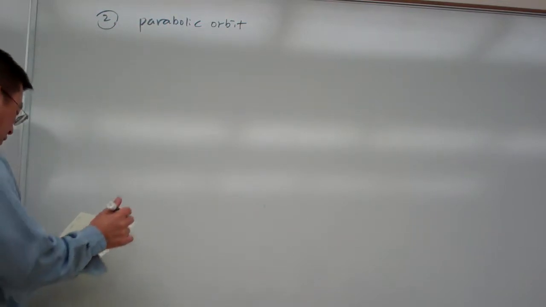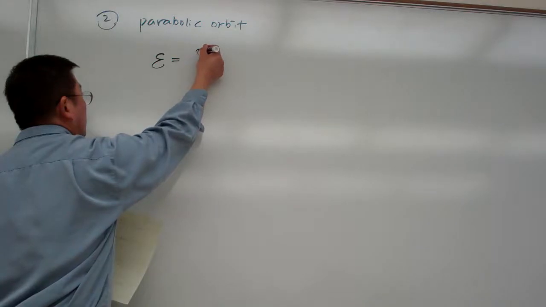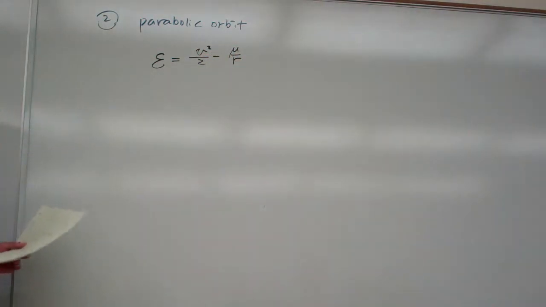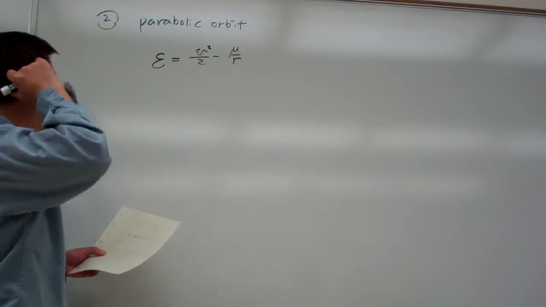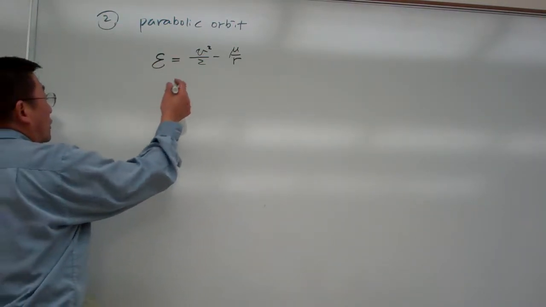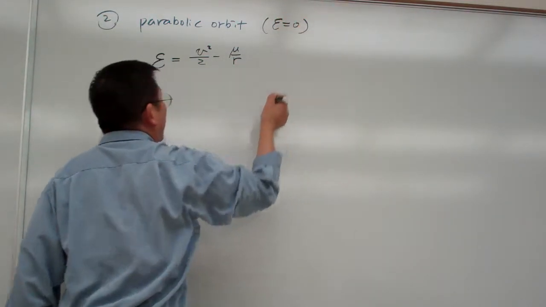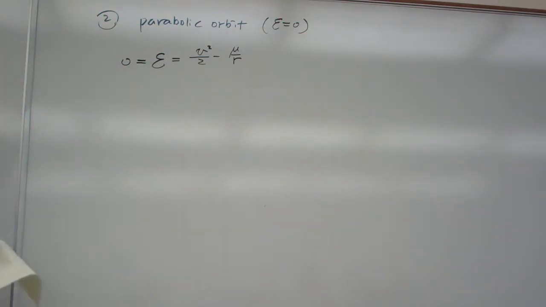For parabolic orbits, we pick up this. So mechanical energy, the same thing, is v squared over 2 minus mu over r. Okay, that's the same for all kinds of orbits. In particular for parabolic orbits, in our definition, the mechanical energy is equal to 0.